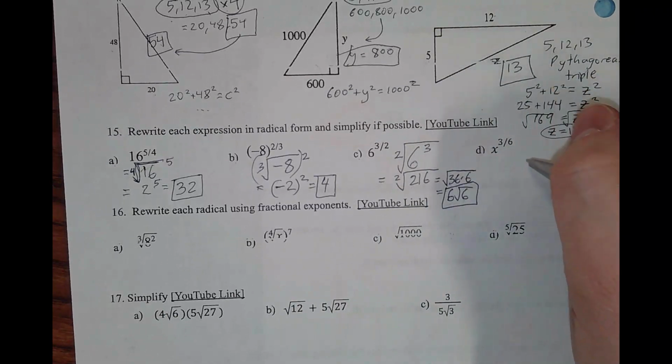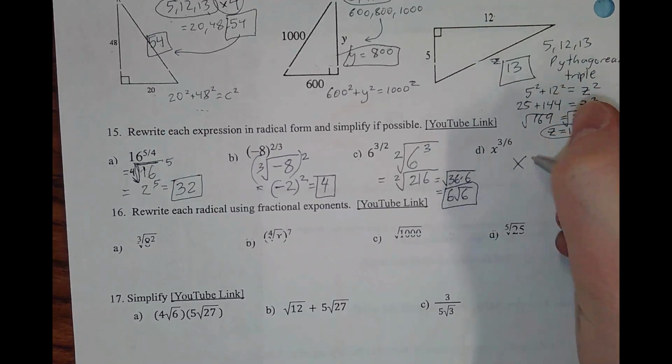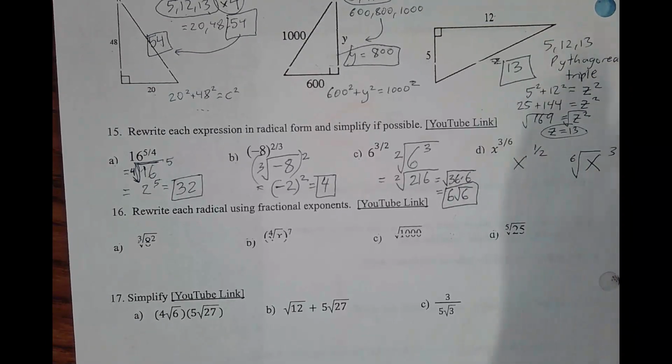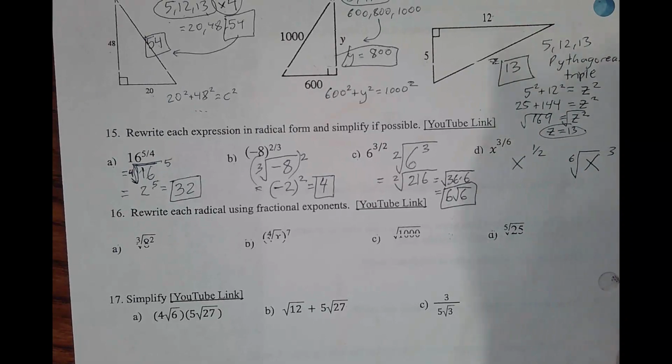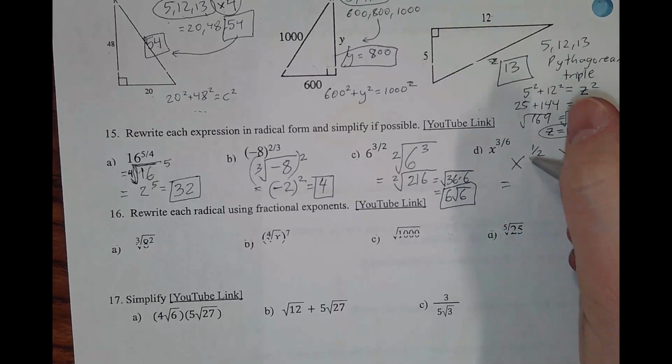Now problem letter D is asking us to simplify this one, but what I know is I can actually rewrite 3 over 6 as just simply 1 over 2. So yes, can I write this as 3, 6? Yes, I can, but this is not simplified. I will need to write it as 1/2. It's simplified.